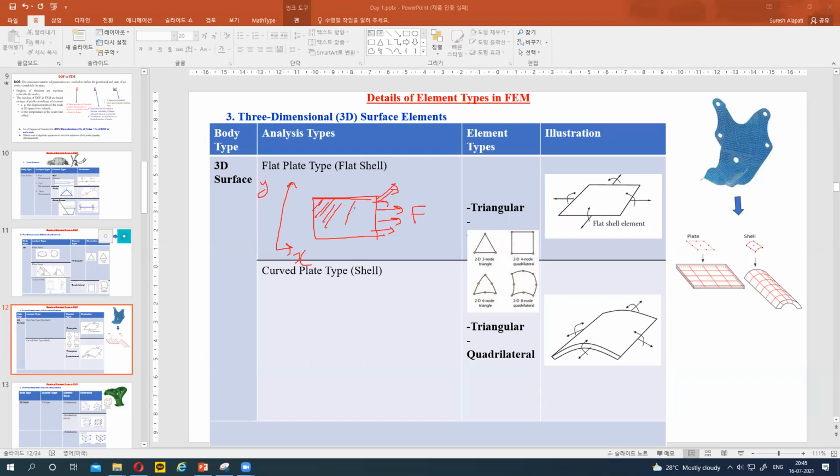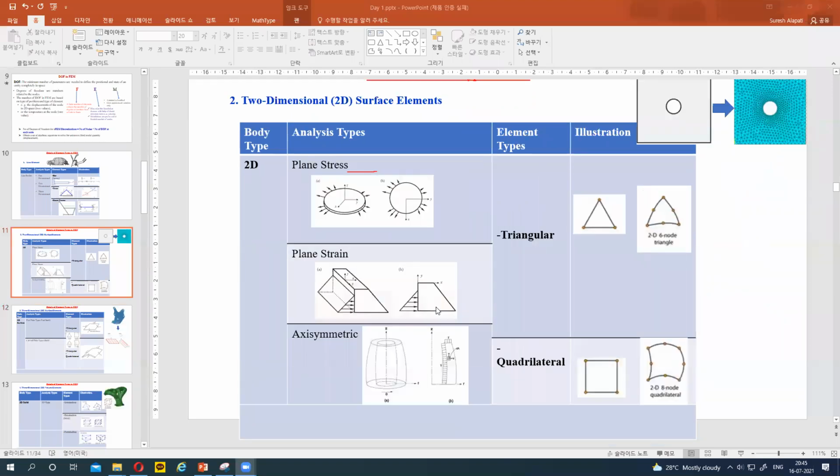Then we can consider a two-dimensional surface. But if we also have force fz that tries to bend this, like this one in this direction, then we have to work with a shell type of element. Okay. A shell element is not like plane stress analysis, where we work only in a particular plane.